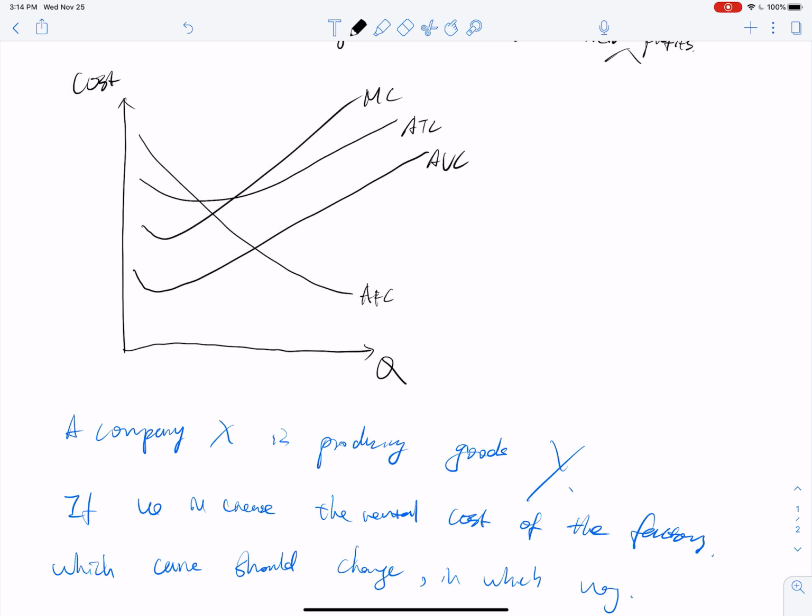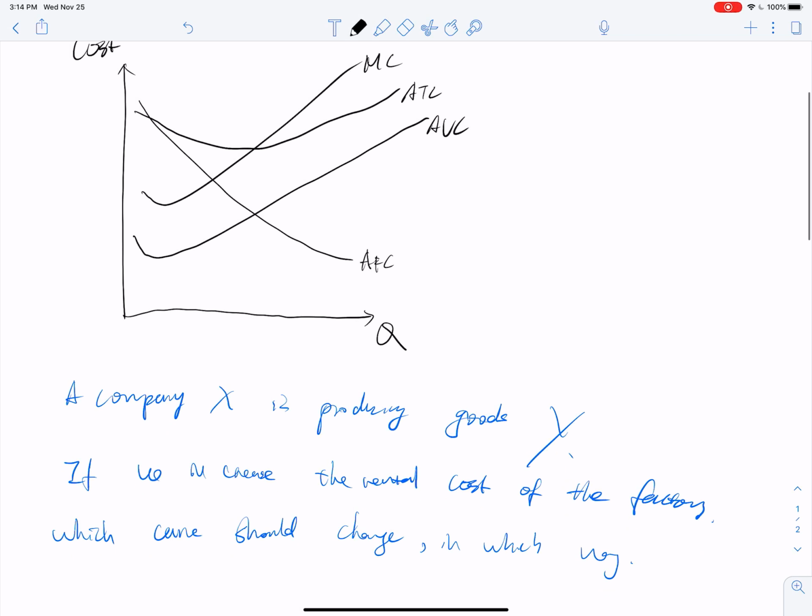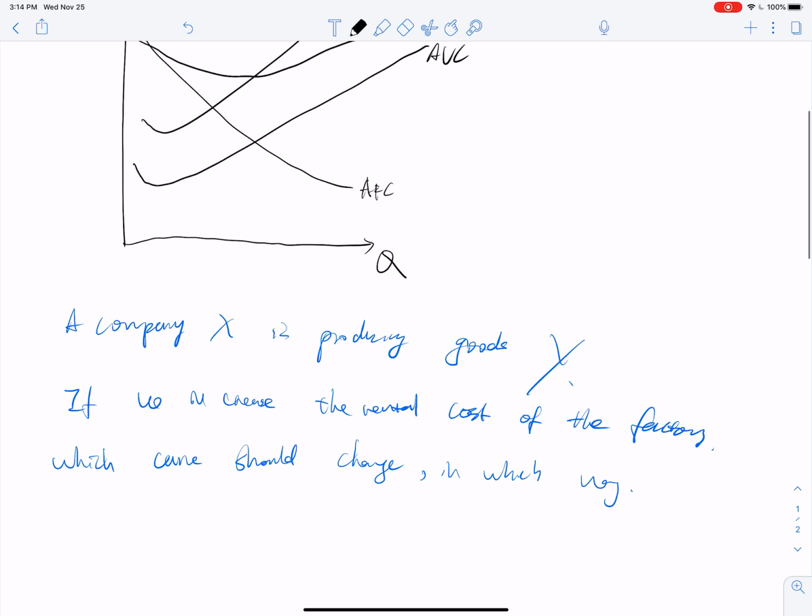Now we're trying to see which curve is going to be affected if we change the rental cost. And in this case, I'm saying the rental cost is increasing.